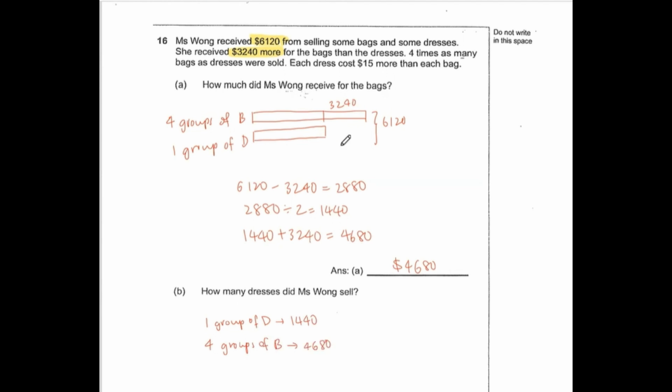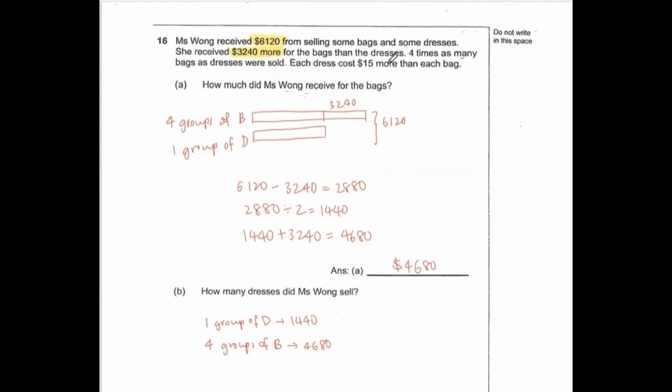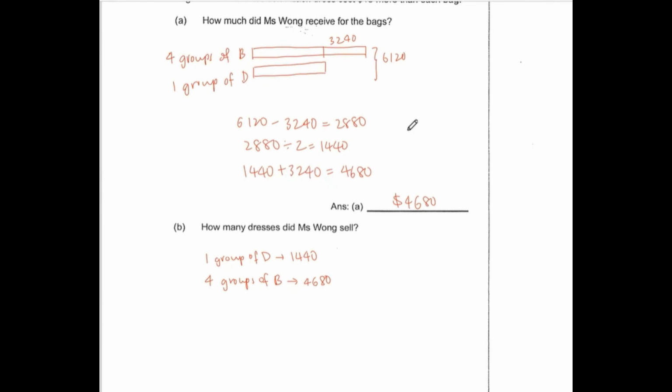Now I want to compare 1 group of dresses and 1 group of bags. I want to see what the difference is, because technically 1 dress versus 1 bag has a difference of $15. So let's compare 1 group of dresses and 1 group of bags. So 1 group of bags will be 4680 divided by 4.